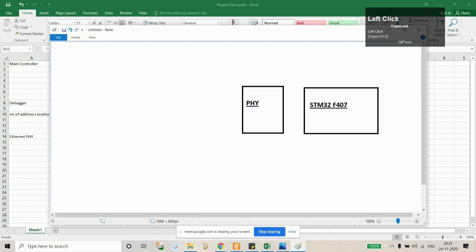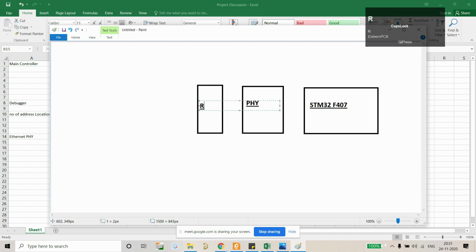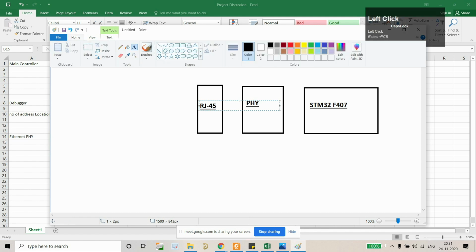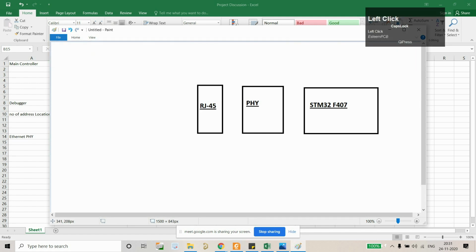Now we will use another block. This PHY has an RJ45 connector, which is our normal LAN connector. So I'm mentioning here RJ45. Now again, this RJ45 will be connected to another RJ45.